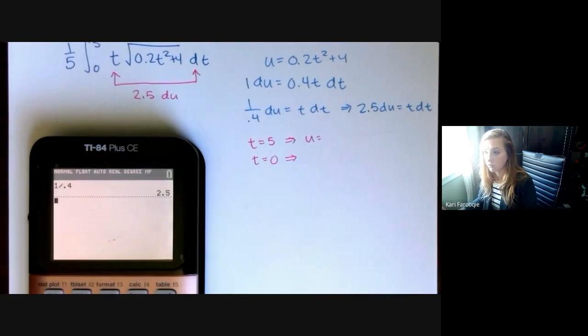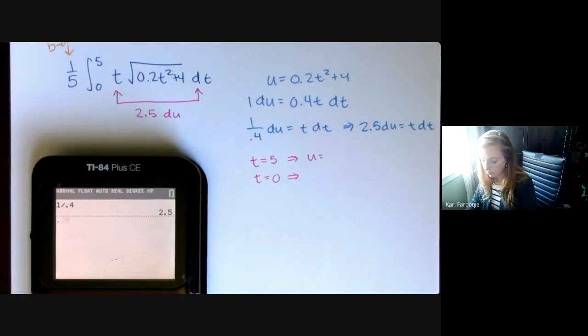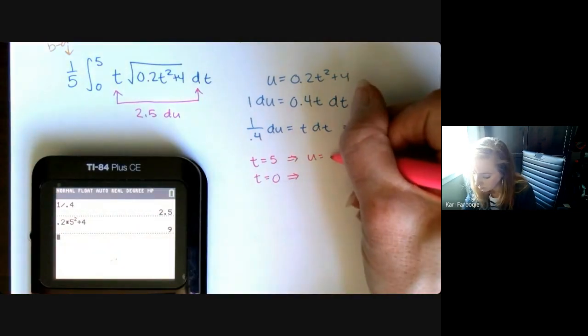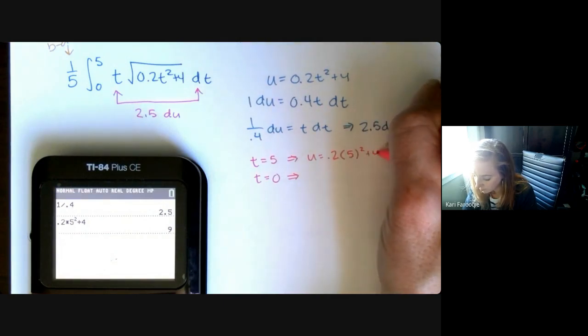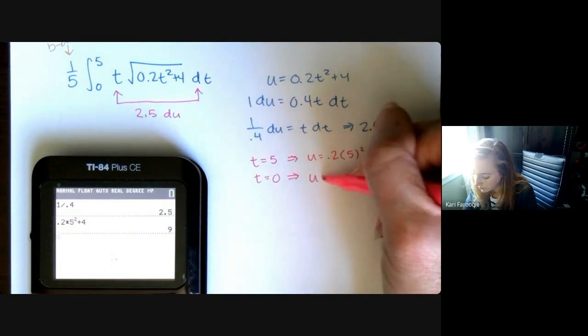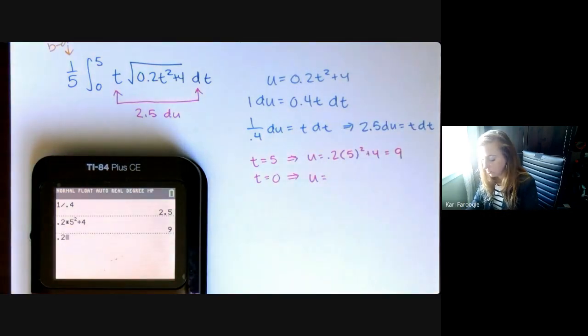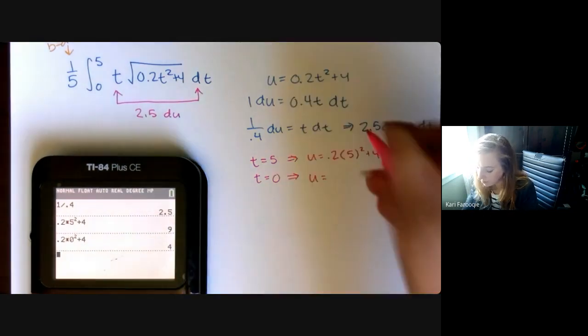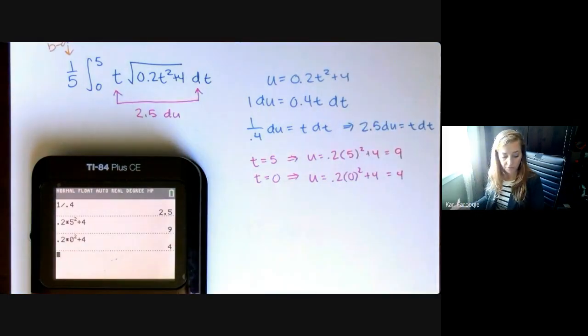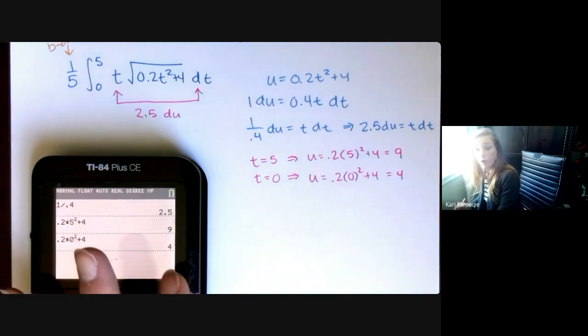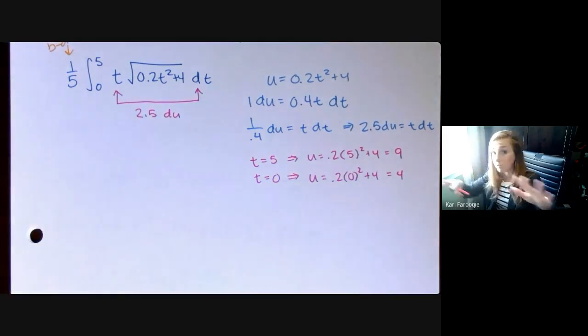So to enter this, I'm going to say 0.2 times t squared plus 4, and I get u equals 9. And then when I do this again, 0.2 times 0 squared plus 4 is 4. So now I'm going from u equals 4 to u equals 9.